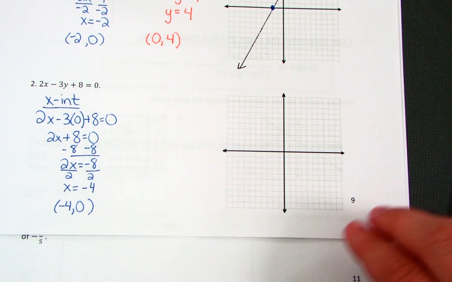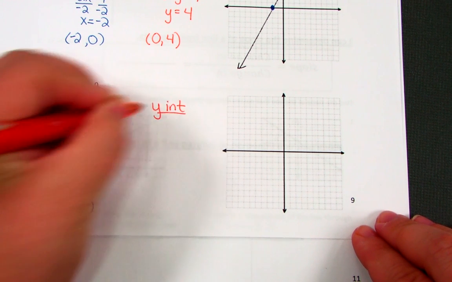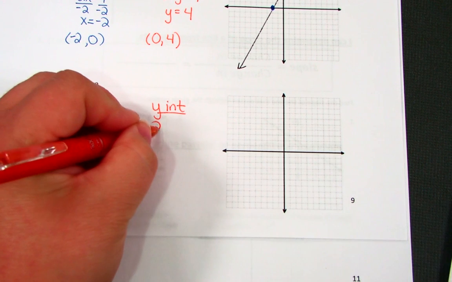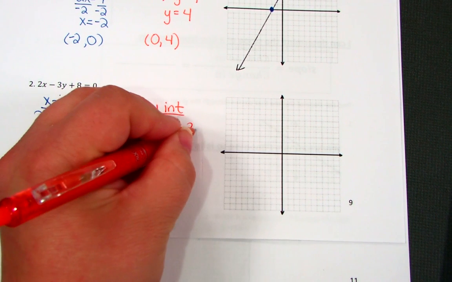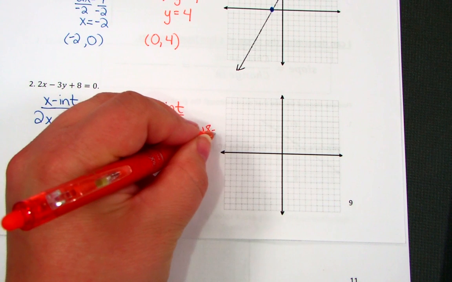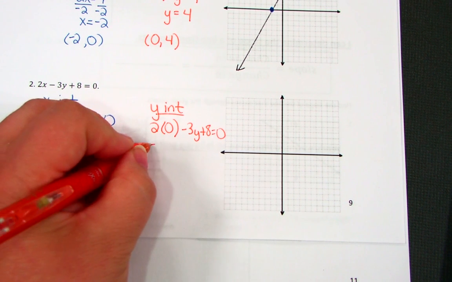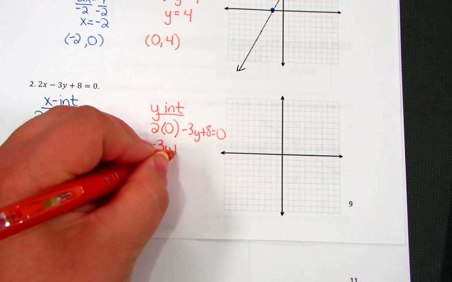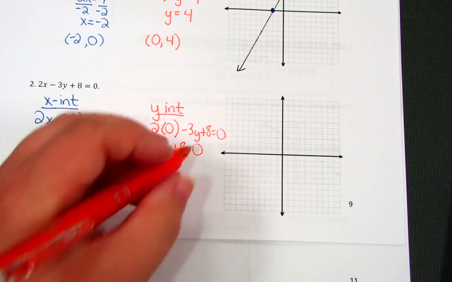For the y-intercept, you plug 0 in for x. So I have 2 times 0 minus 3y plus 8 equals 0. Really just leaves me with a nice simple equation of negative 3y plus 8 equals 0. And I can solve from there.